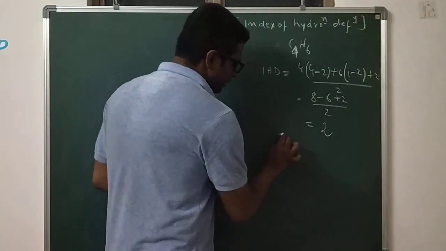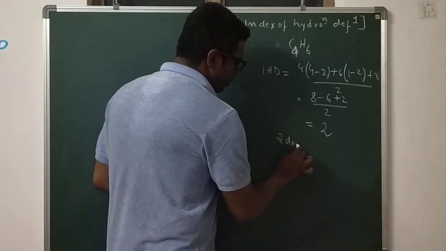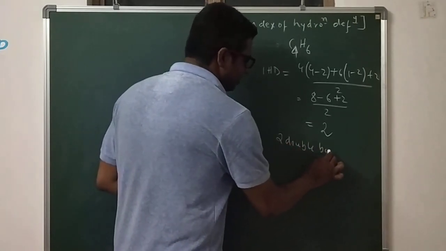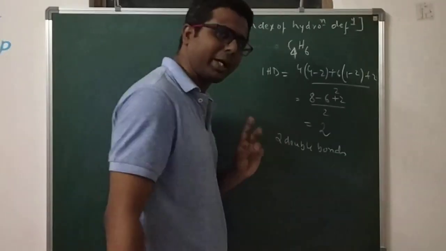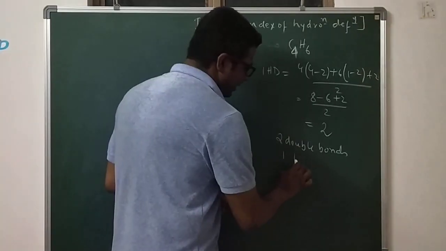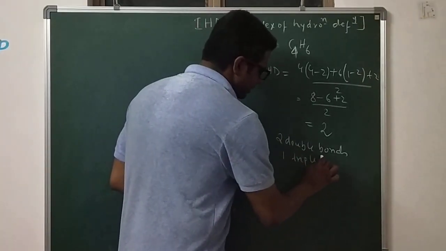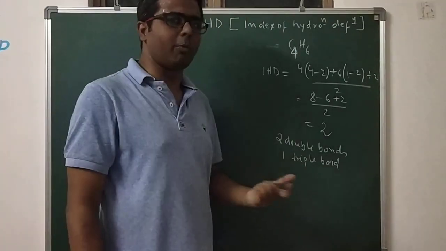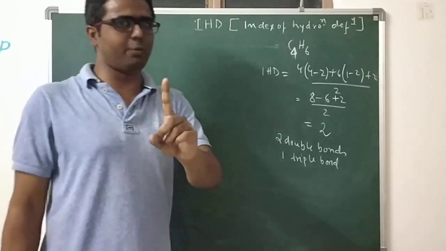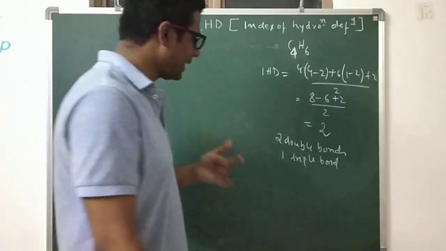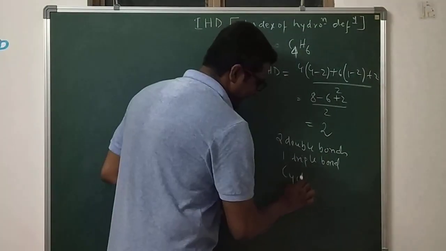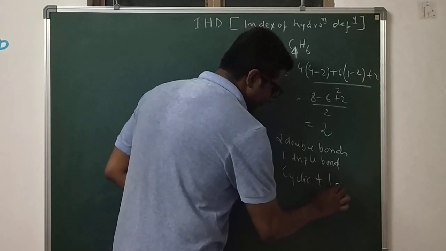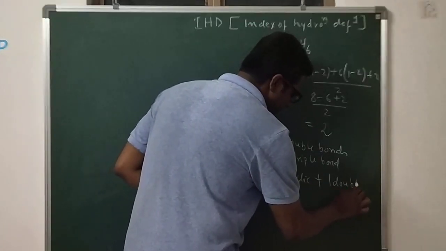One is 2 double bonds, right? 2 double bonds also mean 2 pi bonds. Another is 1 triple bond. We also know a single double bond, one double bond, is equivalent to a cyclic structure. So cyclic plus one double bond is also possible.